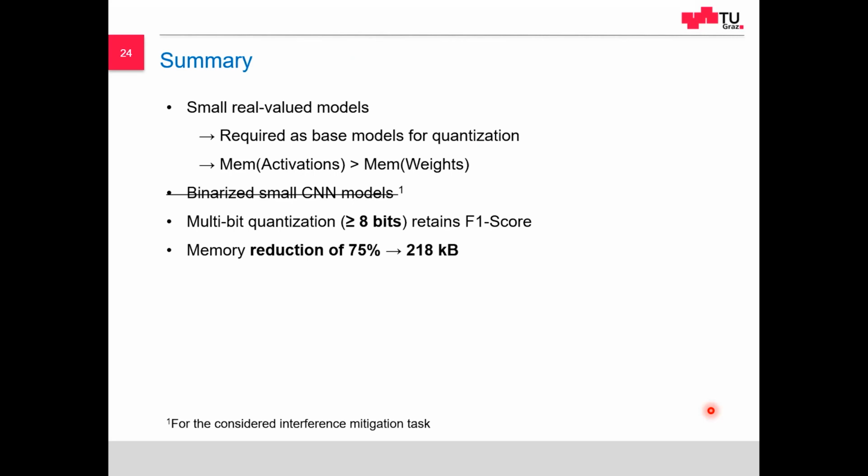We used multi-bit quantization and managed to retain the F1 score with 8 bits and more. With a quantization of 8 bits for weights and activations, we have a 75% reduction of overall memory, and we get a model with 280 kilobytes, which is great, I think.